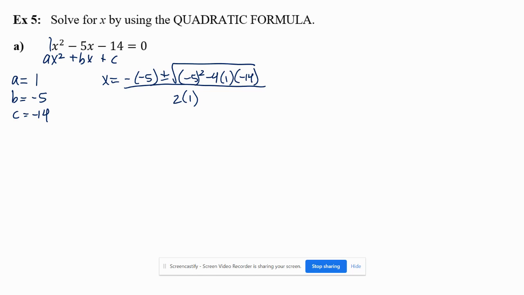Okay, so I'll do a few steps at a time to try to simplify this. On the outside, negative 5 becomes positive 5, plus or minus. Negative 5 squared is 25. Negative 4 times 1 times negative 14 will give us a positive 56, all divided by 2 times 1, which is 2.